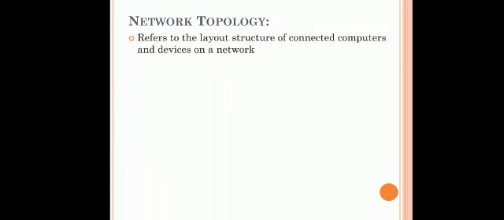Network topology. A network topology defines the structure of how the devices are arranged within a network and how they are going to connect with each other. It has two levels, physical and logical.